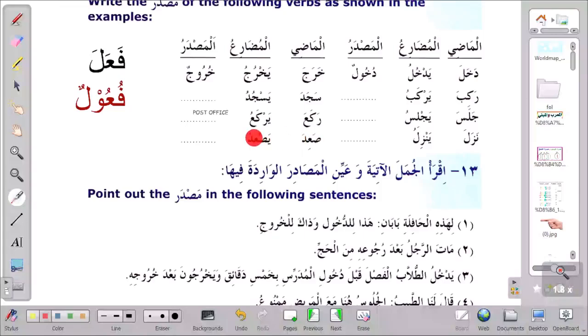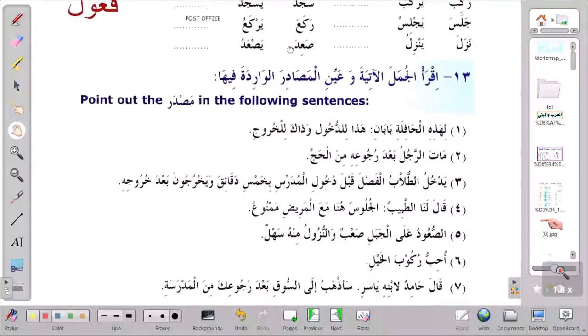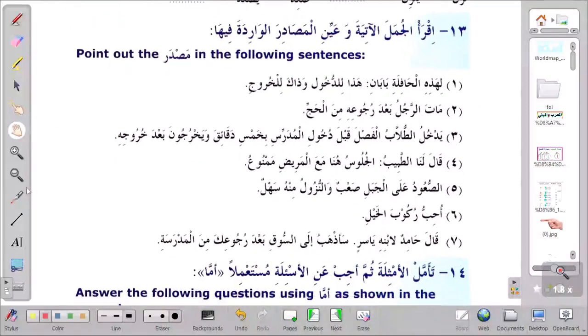Yas'adu, he is climbing. Su'udun, climbing. So I hope you have understood. So far, the verbs we have learned, those are the awzan in which they come. Inshallah, later on we'll look at a broader view of the masadir, the other awzan of the masadir, inshallah.